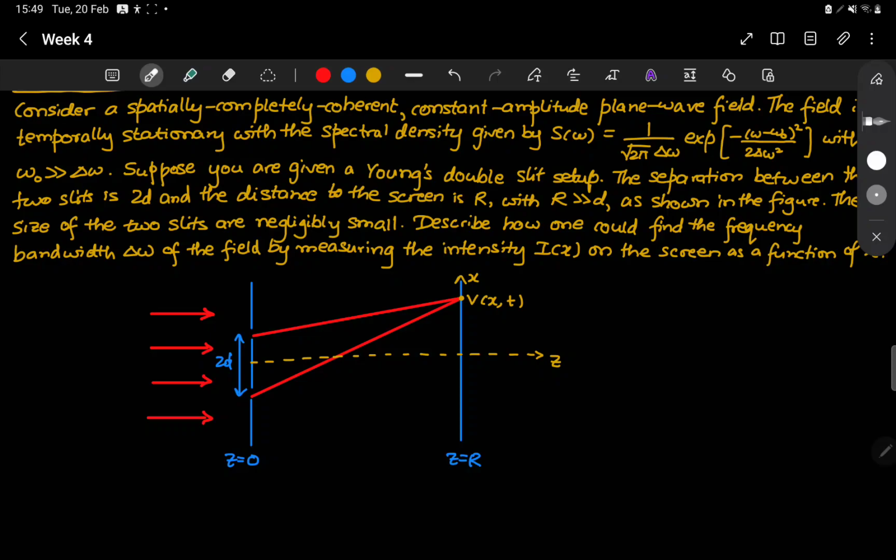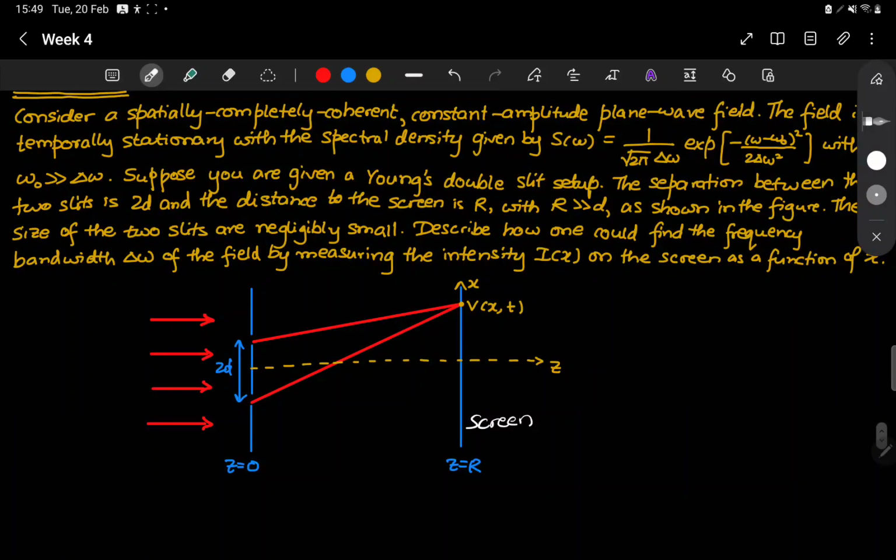It falls on these two slits, which are infinitesimally small, and then it propagates and reaches the screen at z equal to R. This is my screen. And once it reaches the screen, there will be some interference pattern, Young's double slit interference pattern, that we will see.